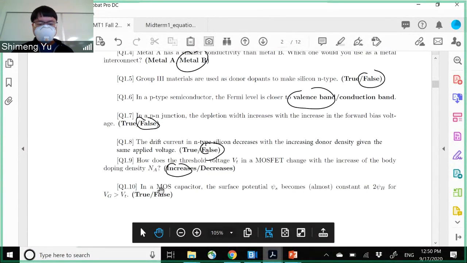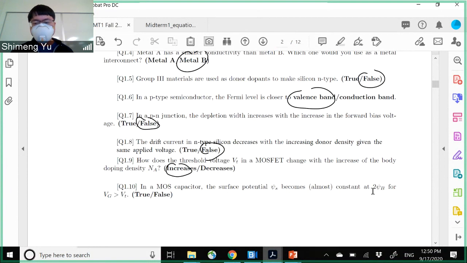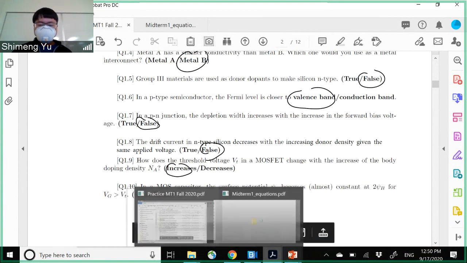And number 10, in the MOS cap, surface potential phi s becomes almost constant at 2 phi b for the gate voltage larger than threshold. Is this true? Lecture 8.